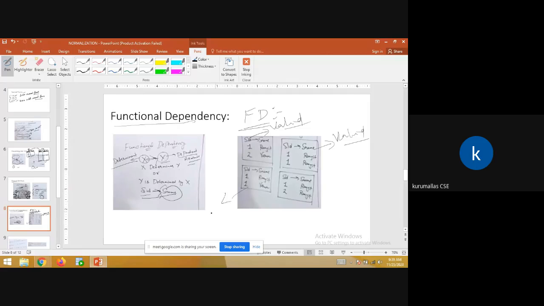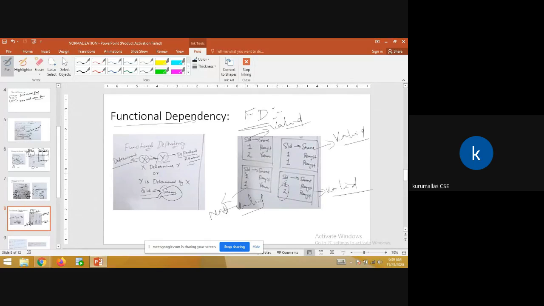So this is not valid. We can discuss later. Next, SID tends to SName, 1 Ranjit, 2 Ranjit. In the same class, two students have the same names, but the SID is different. This is also valid.